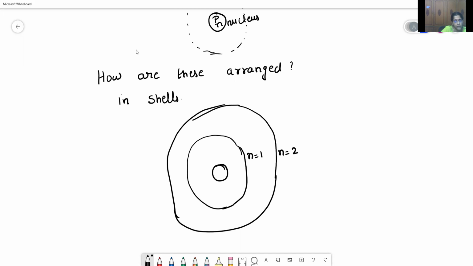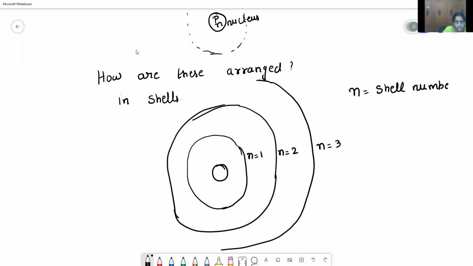There are many shells, it goes on and on. This is the third shell, n equal to 3. So the shell closest to the nucleus is numbered 1, then 2, then 3. Basically, n gives the shell number.